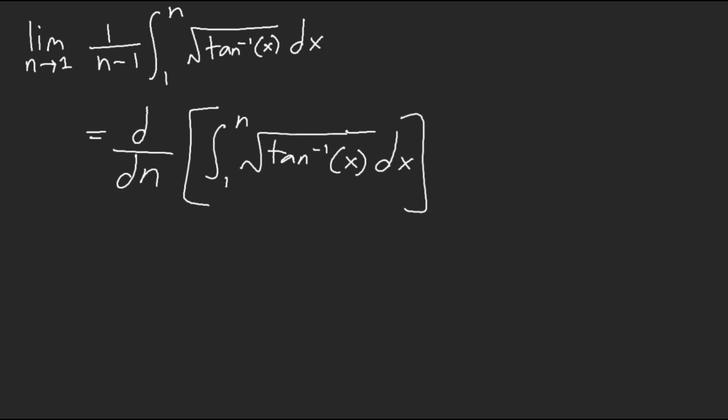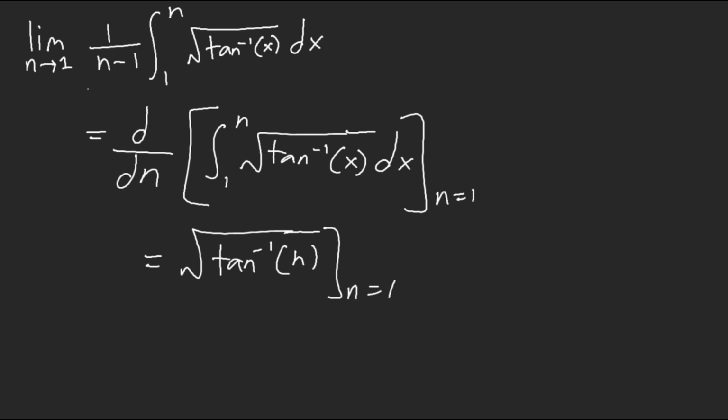The derivative of this is simply the square root of inverse tangent of n, evaluated at n equal to 1 because the limit approaches 1. So we have inverse tangent of 1, which is pi over 4, so the square root of pi over 4. The answer is square root pi over 2. Just simple L'Hopital's rule.